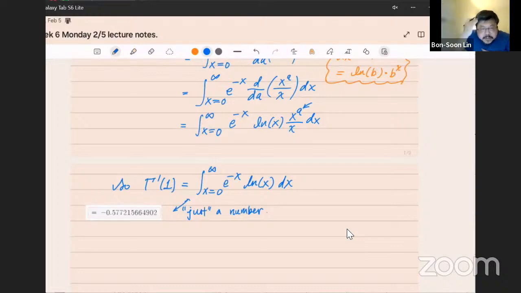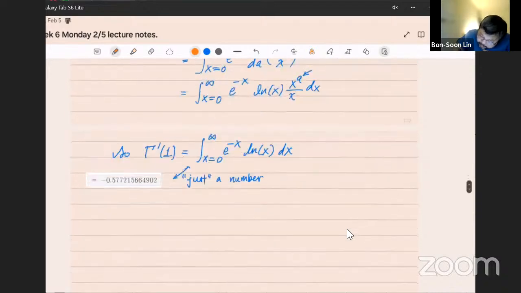Now, if you look at this expression of gamma prime of 1, it looks like the Laplace transform of natural log of x, except when we write down the Laplace transform of something, we're integrating e to the minus px times something. I don't have e to the minus px, I just have e to the minus x here. So what do I do here?